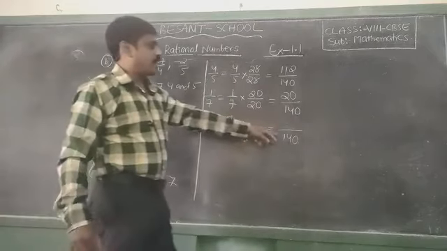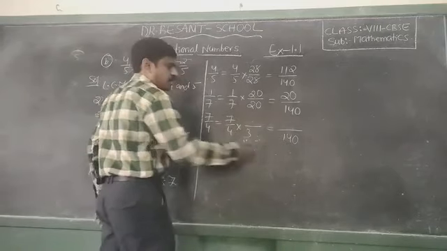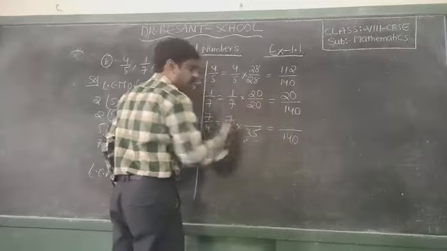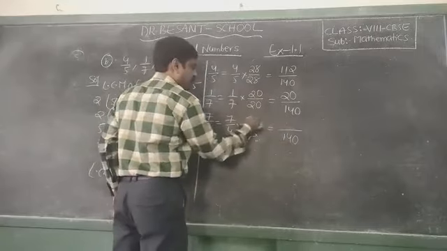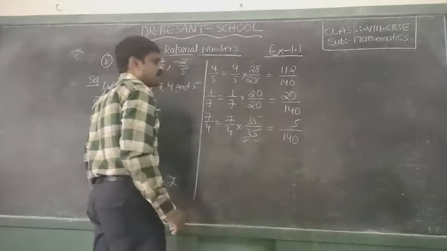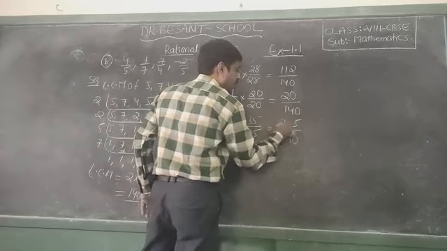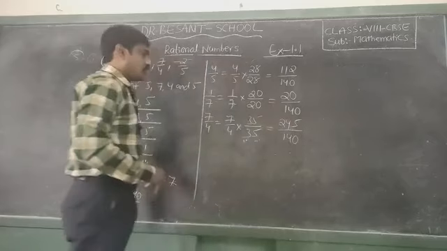So 4 35s are 140, so 35. So 7 35s are 245, 7 3s are 21, 21 plus 3 is 24, that is 245.